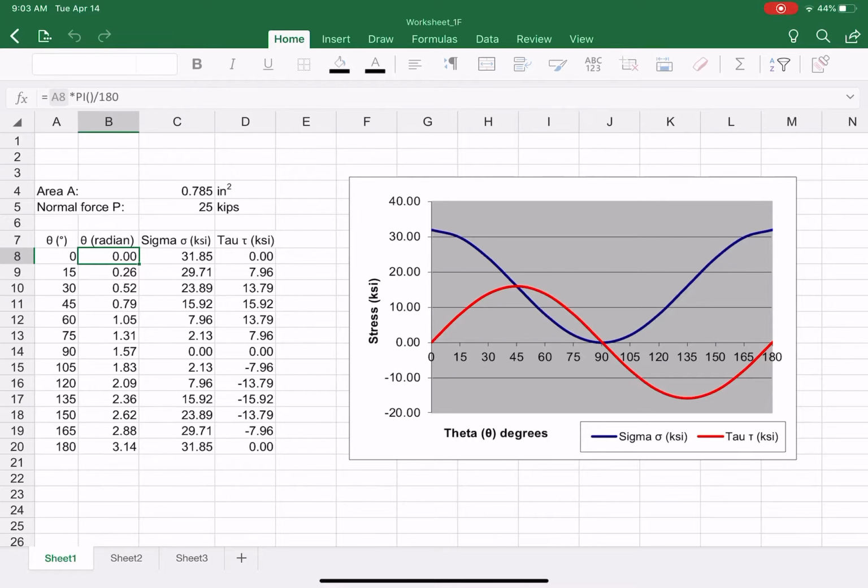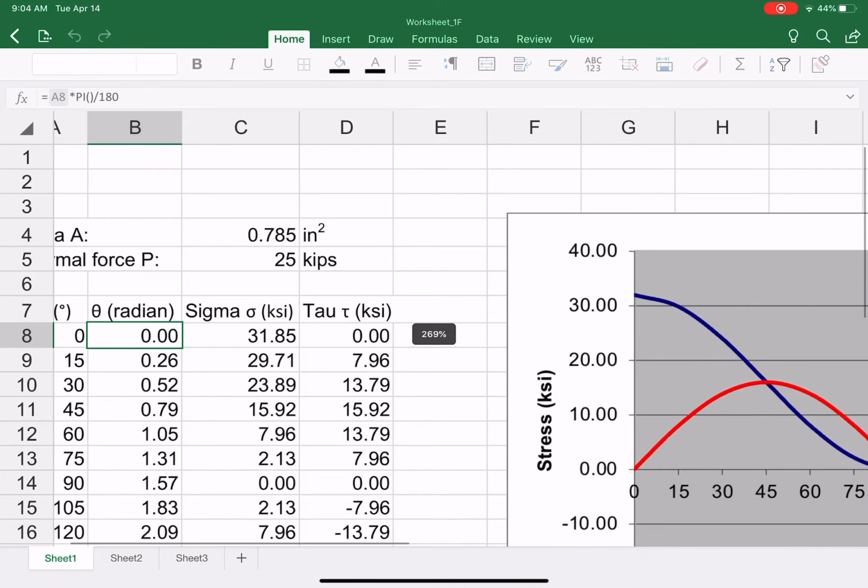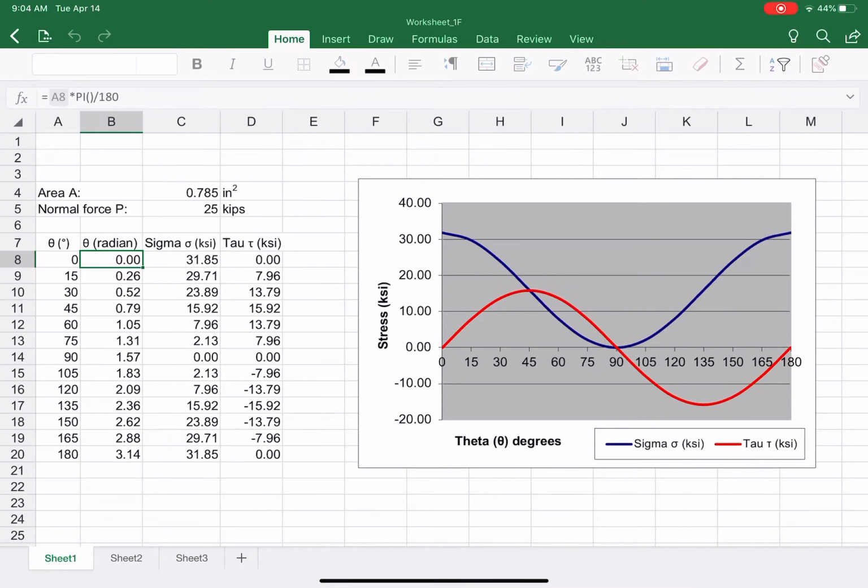So for theta, we apply the degree times pi over 180 in Excel. You can put 3.14 for pi, but to be more exact, you can use PI in parentheses, as shown in this equation. Then we can drag to find theta for all of the scenarios.